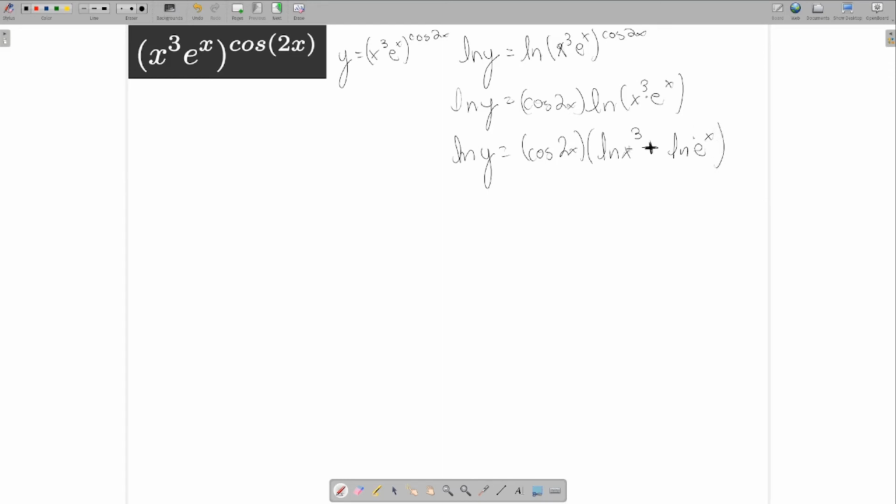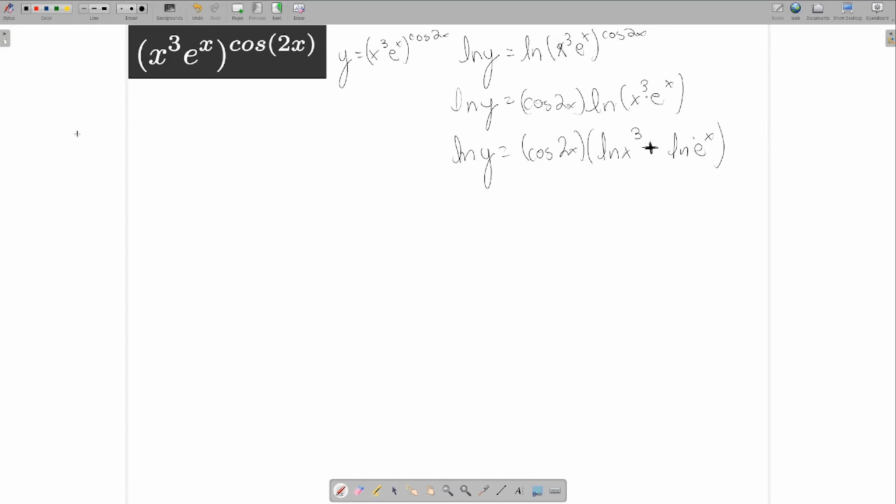Now we could use the power rule of logs on this, but honestly I think it's just better to keep it like this. If it's really complex we can do it, but honestly I don't think it's worth it to just do the log and then continue on. So I'm gonna keep it like this.